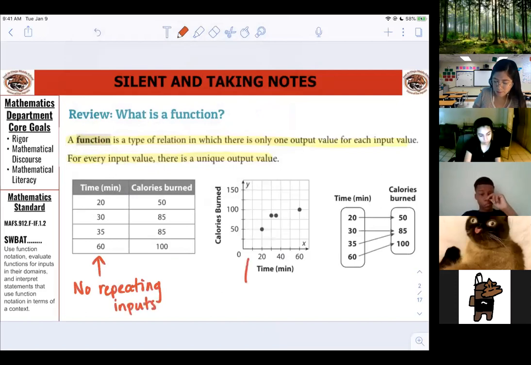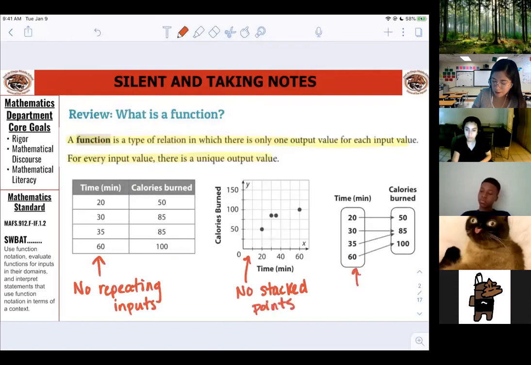On a graph, there are no stacked points. They can't stack up on top of each other. And on a mapping diagram, there's no branching.